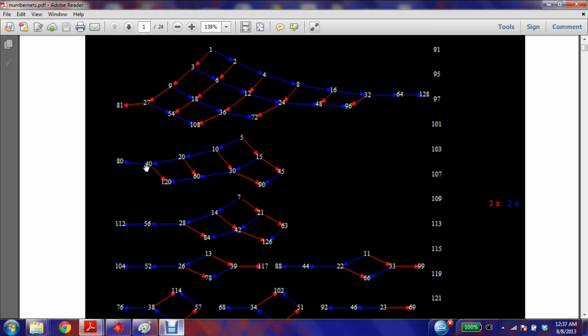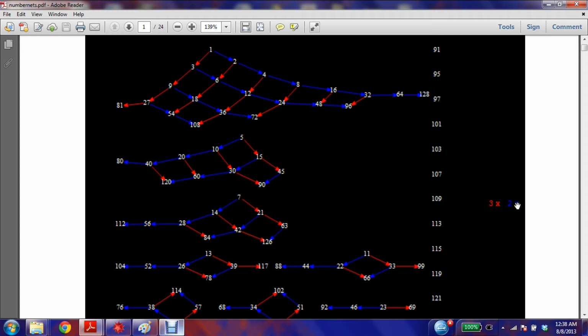You see, there's the red edge pointing out of 40 towards 120, because 120 is equal to 3 times 40. So basically, we've specified this 3x operation, and this has made a load of red edges happen in our network. Basically what it means is that every number has a red edge pointing from it to 3 times that number. Okay?